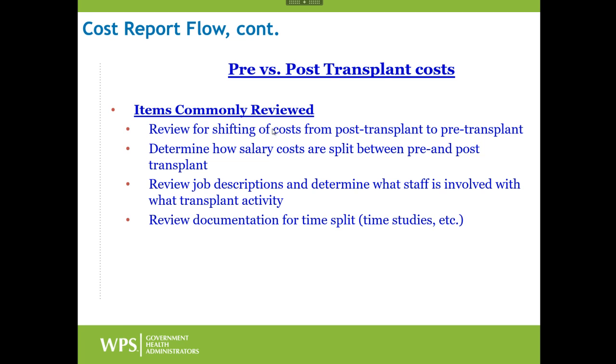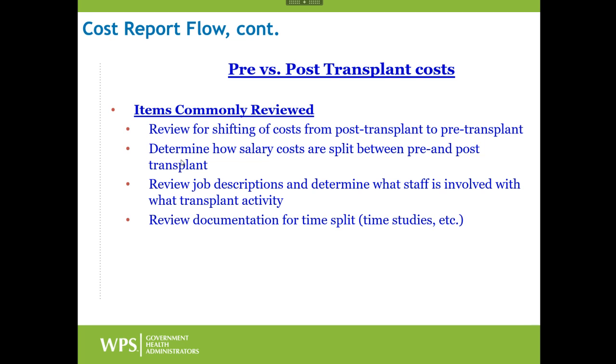So shifting those costs from that post-transplant to pre-transplant or acquisition, because the risk there is that pre-transplant, that's going to generate a cost reimbursement item. Whereas post-transplant, it's supposed to be paid under the DRG for the most part, and it's not additional reimbursement on the cost report. So we would review for shifting, things that don't belong in pre-transplant, based on that list we talked about a bit ago.